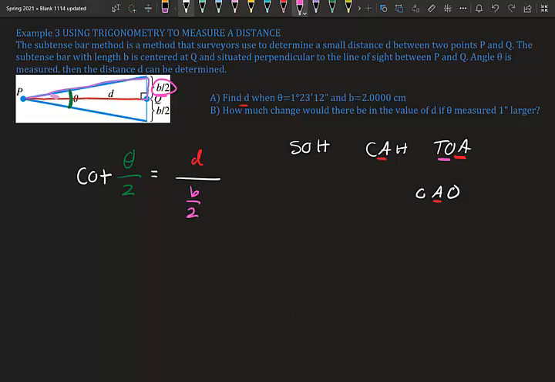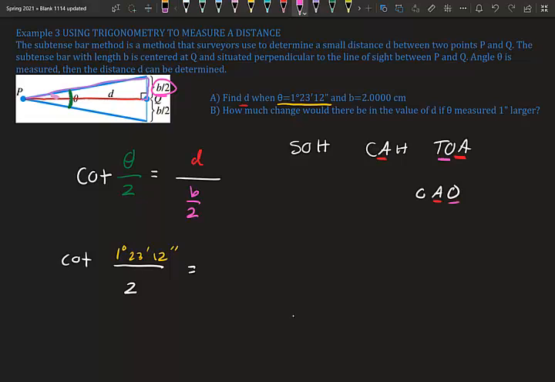Okay, let's fill this out. It tells us that theta is 1 degree, 23 minutes, 12 seconds. So let's plug it in. We have cotangent of theta, which is 1 degree, 23 minutes, 12 seconds, and that equals adjacent over opposite.